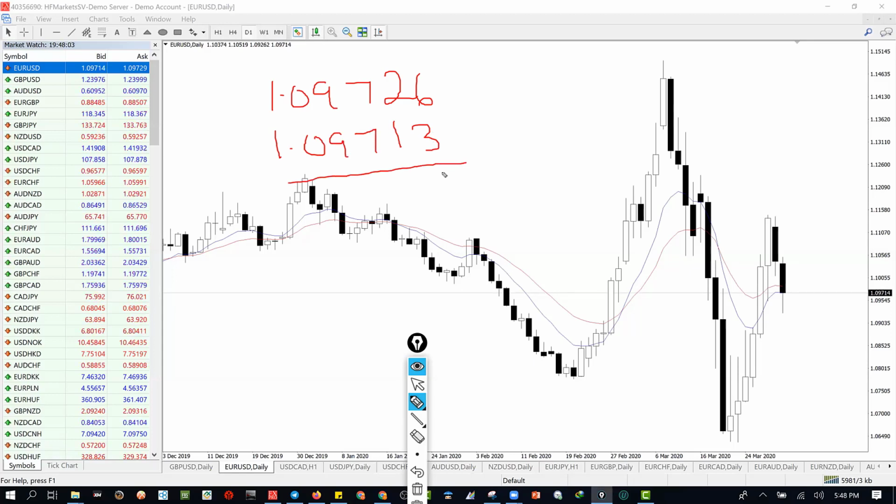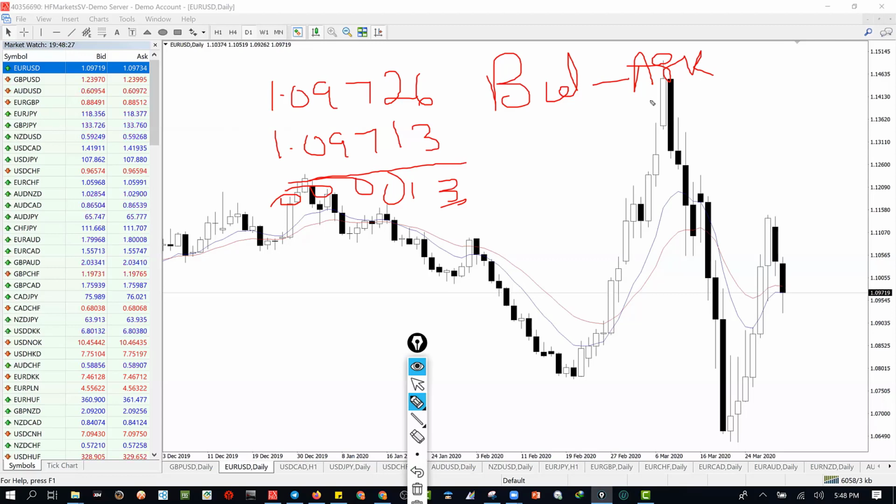If we minus this, that is right here, 3. We have right here, 1. So the difference between the bidding price and the asking price is the spread.